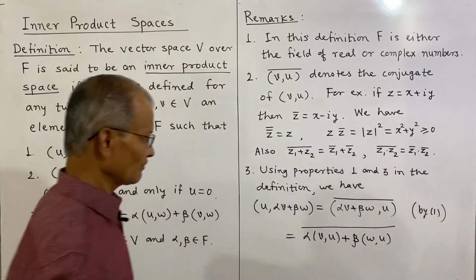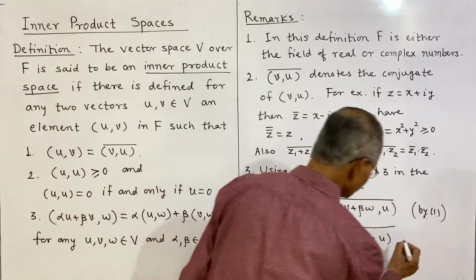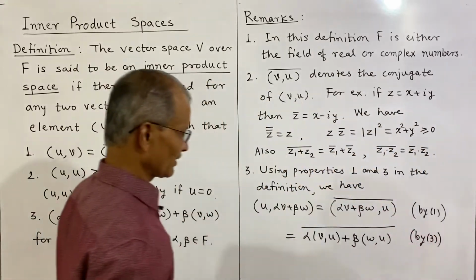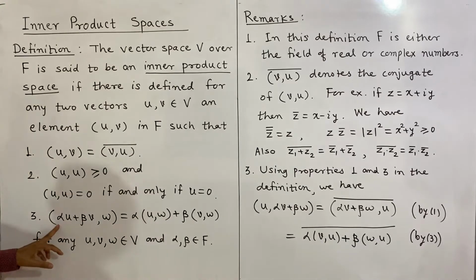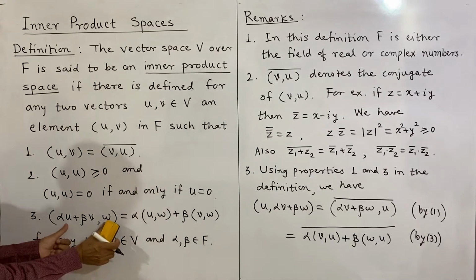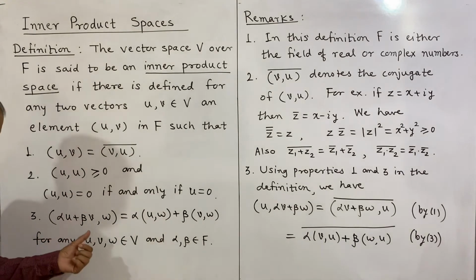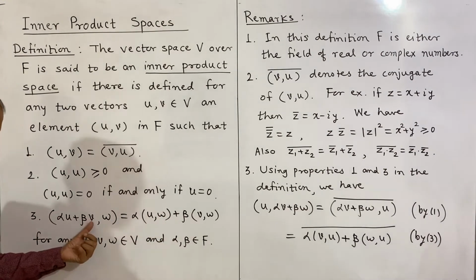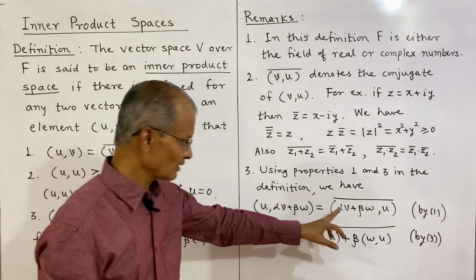This is the conjugate of this whole, by the third property. Alpha times inner product of u and w, alpha is a scalar, plus beta times inner product of v and w. Same result we have used here.